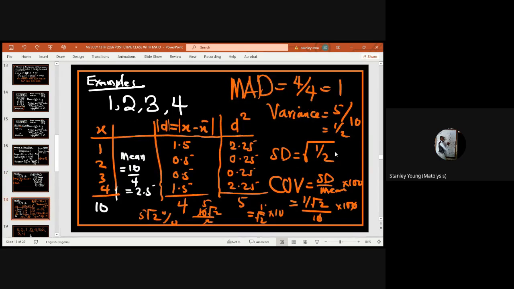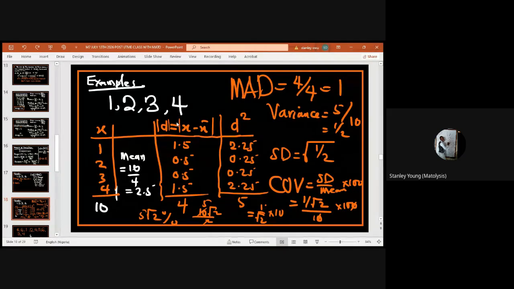We calculated the mean absolute deviation of 1, 2, 3, and 4. So first have your x column. We calculated the mean here, which is 2.5. That's our summation x over 4.